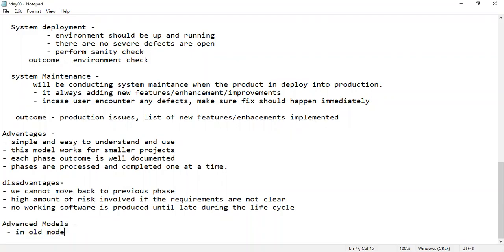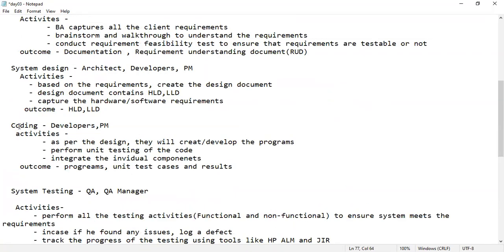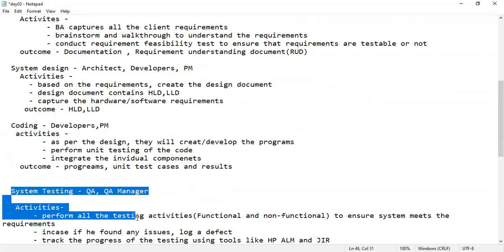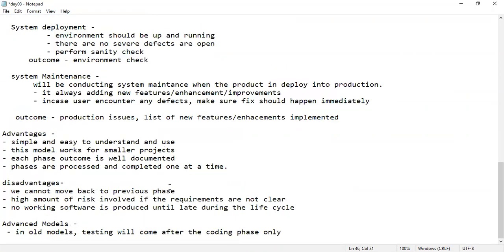In old models, testing will come after the coding phase only, right? Once your coding is completed, then only system testing will come into the picture. That is the disadvantage in old models.